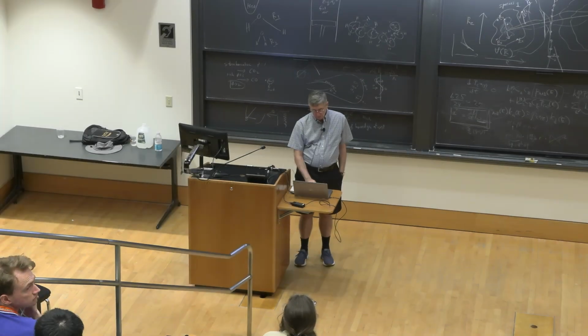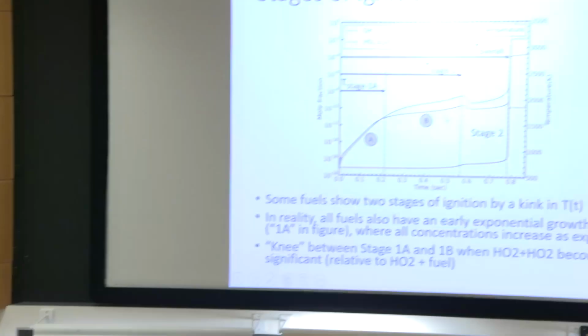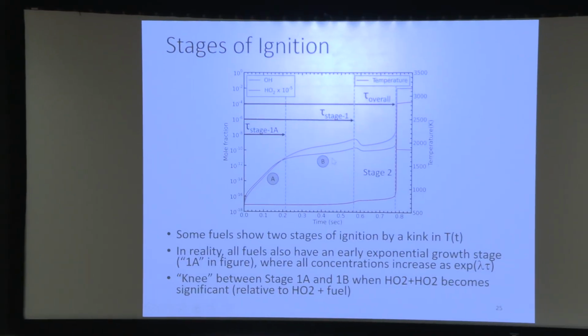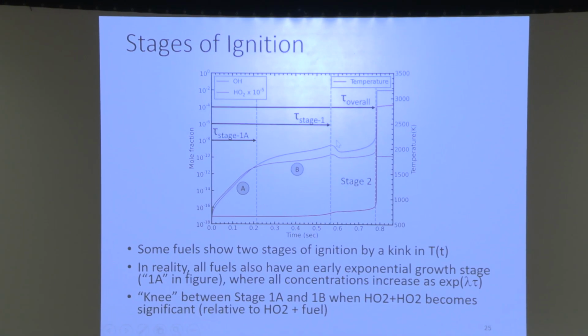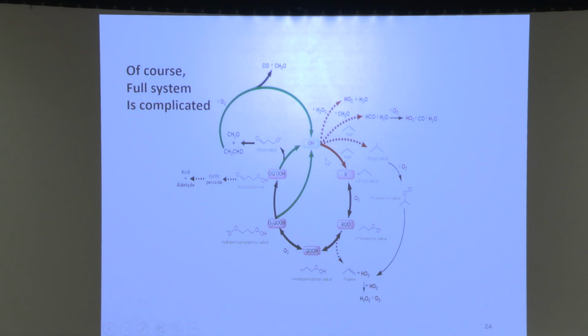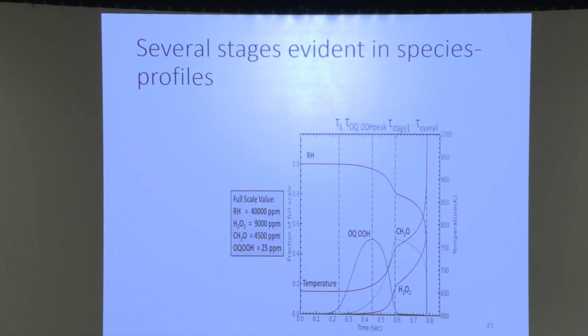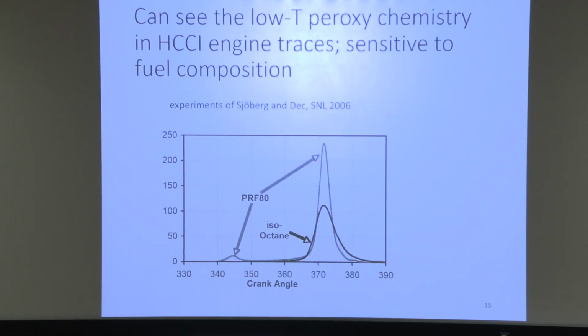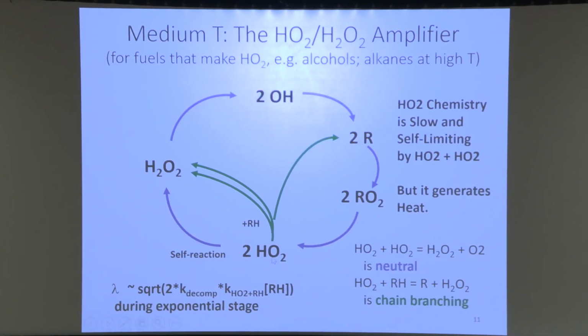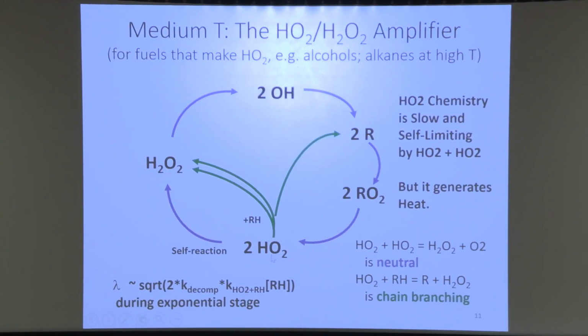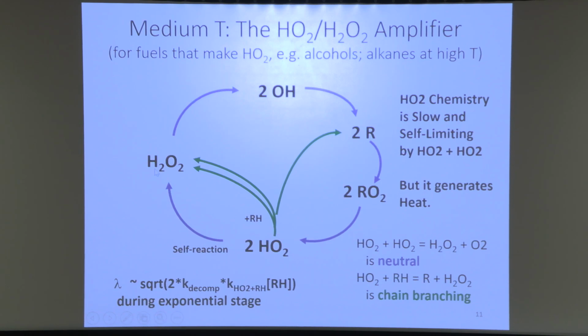Super fast exponential rise. Then you see some slower thing that's not quite so clear what's happening, where the HO2 and OH are forming slowly. And then you get this kink, and this kink happens when, go back. The kink is happening when the HO2 concentration gets so high that the self-reaction starts to be important.